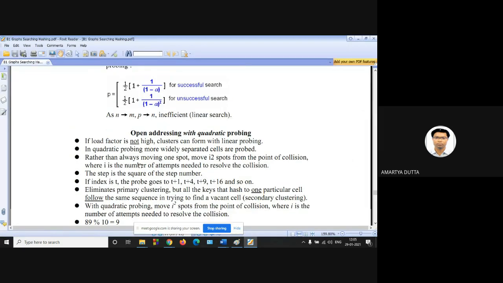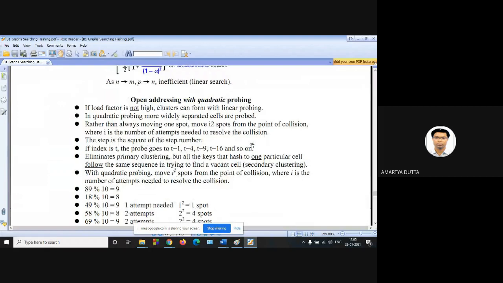Even if the load factor is not high, clusters can form with linear probing. In quadratic probing, more widely separated cells are probed. Probed means the keys are attempted to be inserted in the array position.